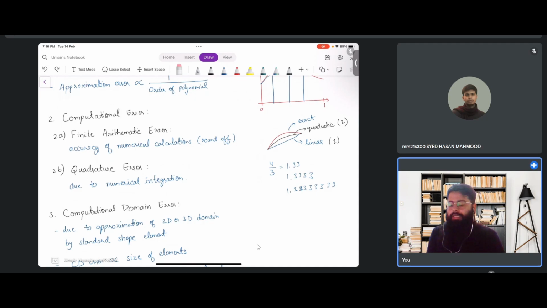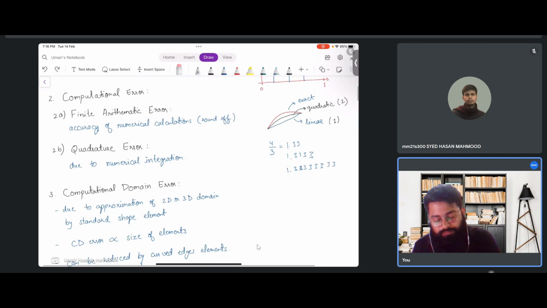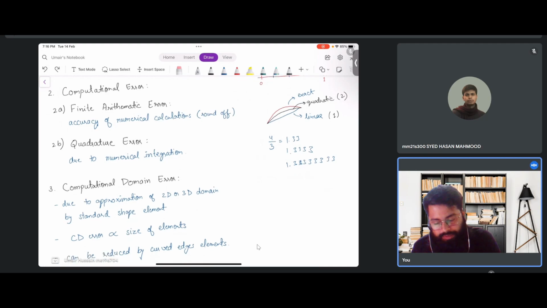Quadrature error is basically due to numerical integration. During the solution of our finite element problem, you've seen that the weighted residual statement, or the weak form, basically is some integral of shape function times dvj by dx.